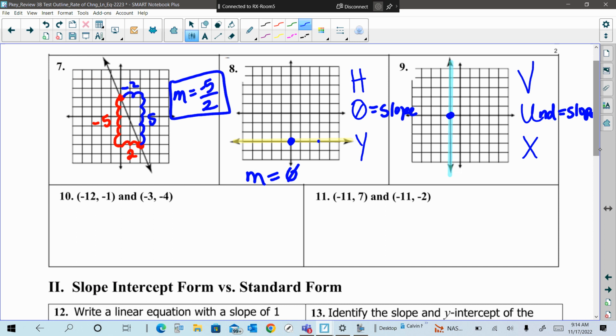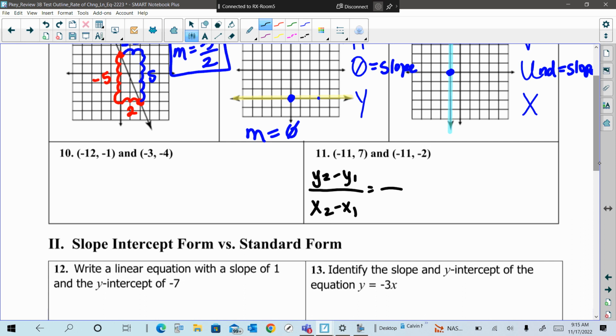All right. How would I find the rate of change for 10 and 11? y2 minus y1 over x2 minus x1. Let's look at 11 together. I want you to set up number 11. Check your understanding.